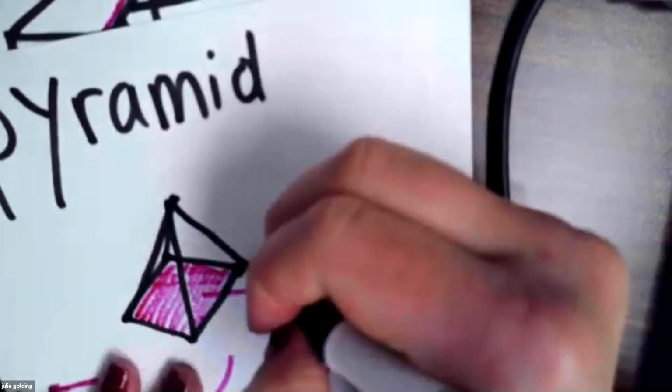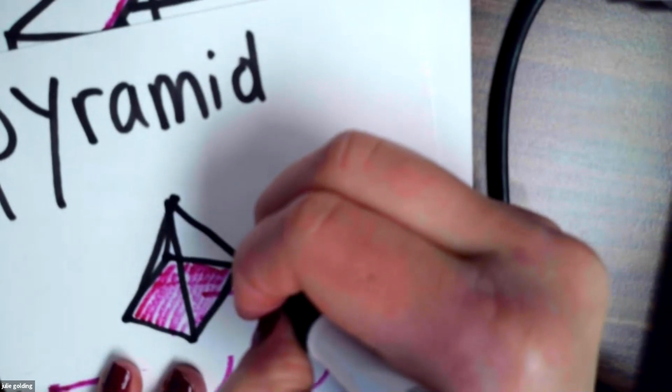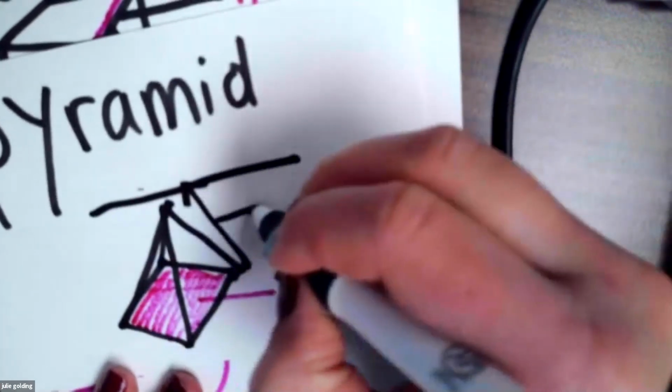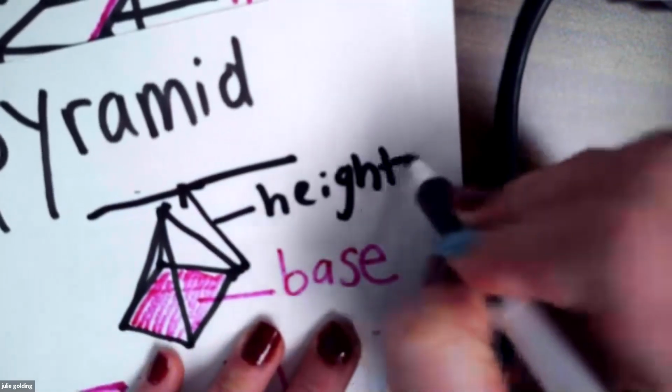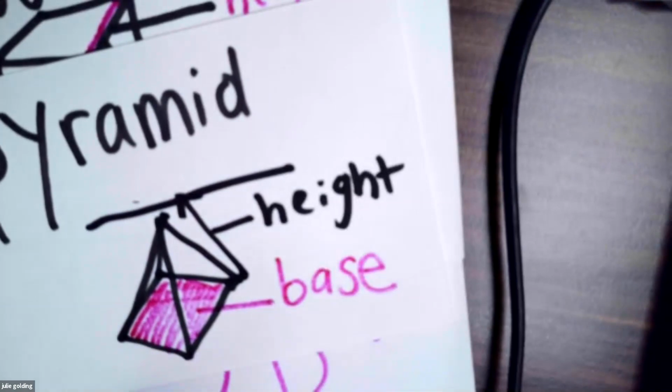So from the ground coming up, this is what we call the height. Height. So if you think about how tall you are, you're measuring from the ground to your head. That's how tall you are.